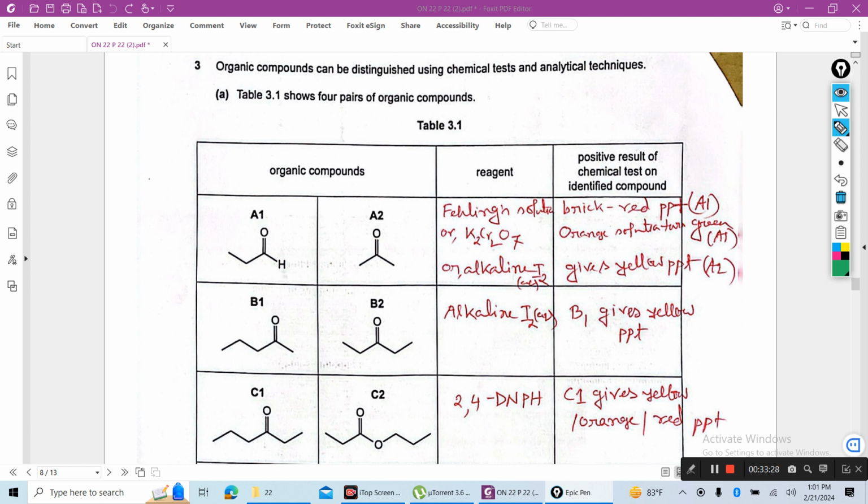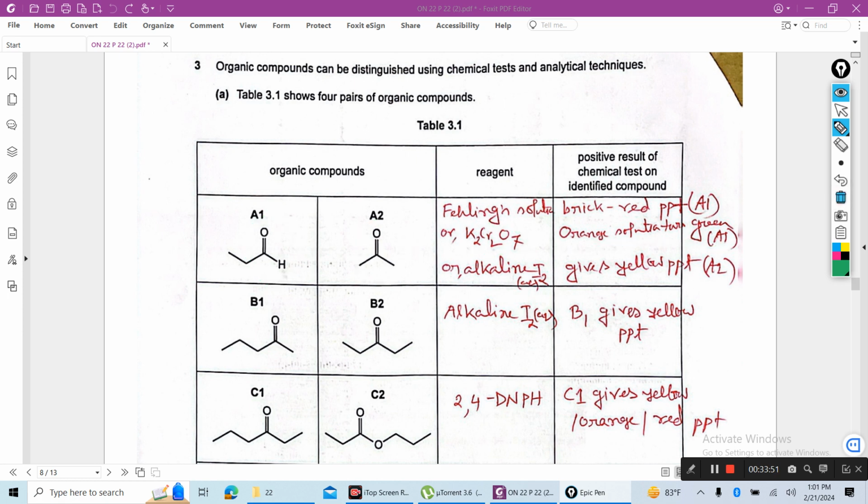Or you can write potassium dichromate. Potassium dichromate oxidizes aldehyde, so the solution turns orange to green for A1, but ketone does not oxidize, so no reaction.